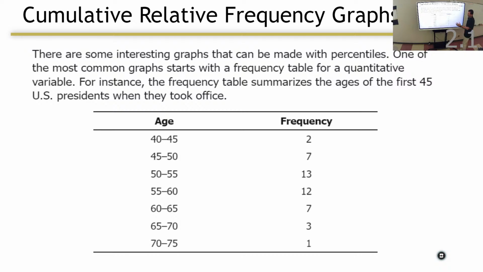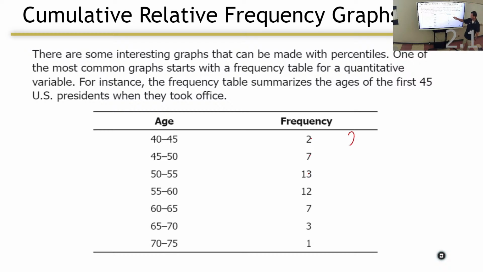Now I'm going to simplify this, using something I learned last lesson. So here's the frequency. I can turn those into relative frequency if I wanted to, right? This would be 2 out of the 45. It says 45, but I think it only adds up to 44. Doesn't matter. So 2 out of 44, 7 out of 44, right? Just add those up. But when we do the cumulative relative, I think you're better off accumulating this.